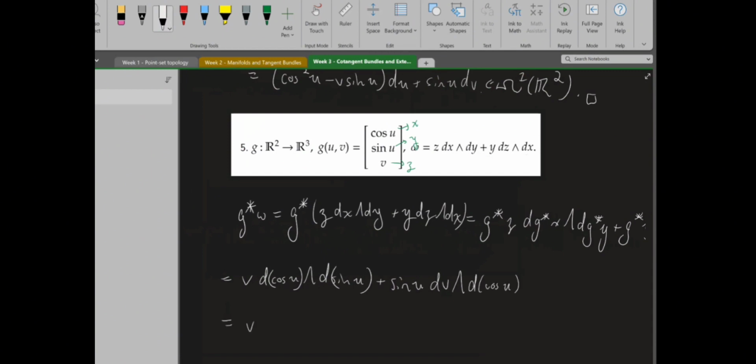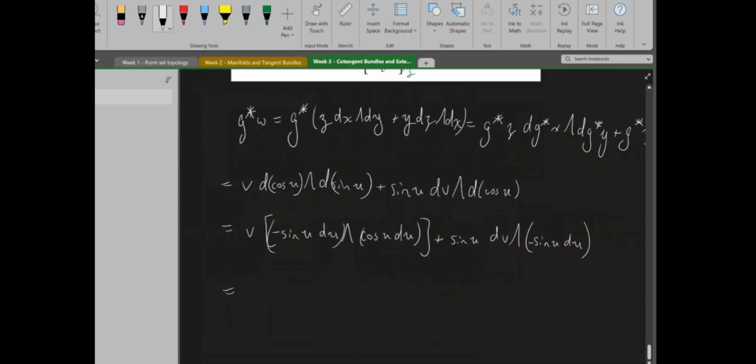Now simplify. You end up getting v times negative sine u du wedge cosine u. I should be drawing parentheses around these, du, plus sine u dv is already simplified, so you don't have to do anything.